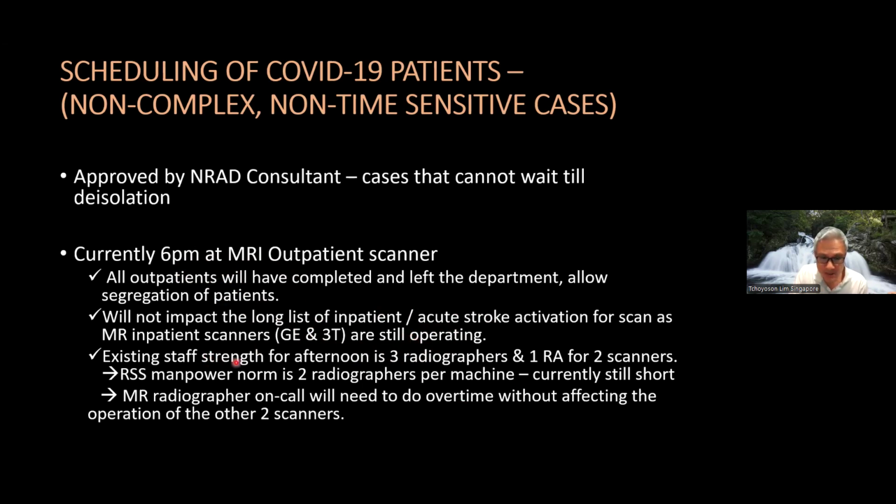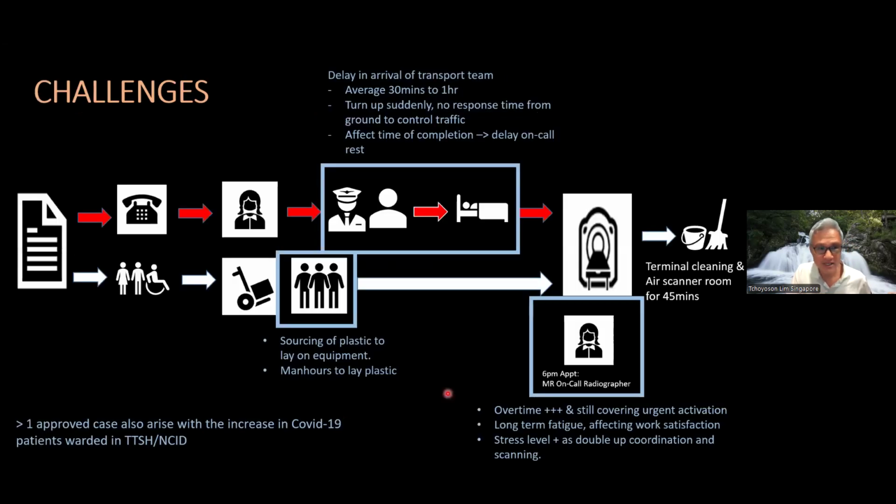The existing hospital staff strength to prevent mishaps also needs to be thought through. We currently have a minimum of 2, sometimes 3, and the on-call radiographer will be required to prepare for overtime in order to maintain the service.